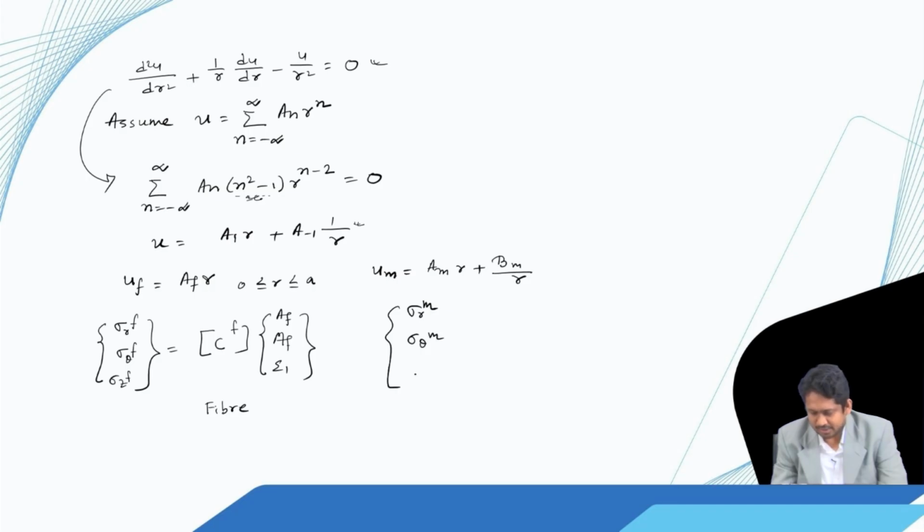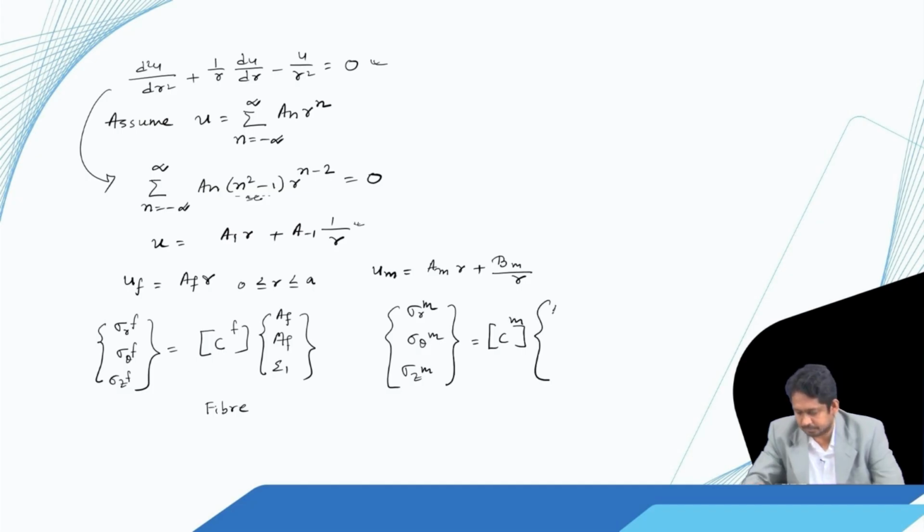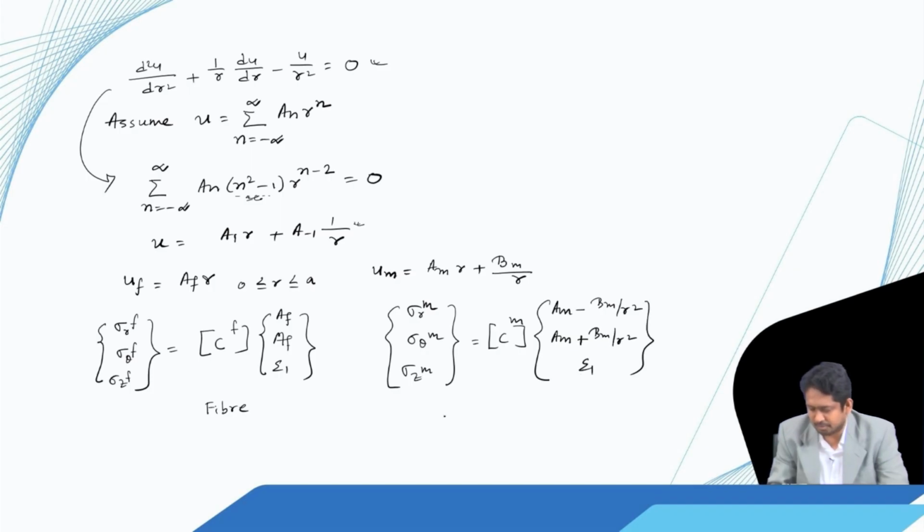So, all that we are doing is using this new strain displacement relationship, we are rewriting the constitutive relation, and then this can be written as this. And this is for the matrix.